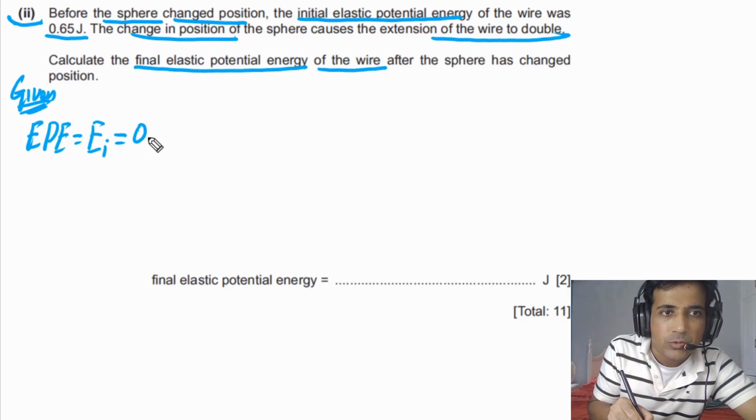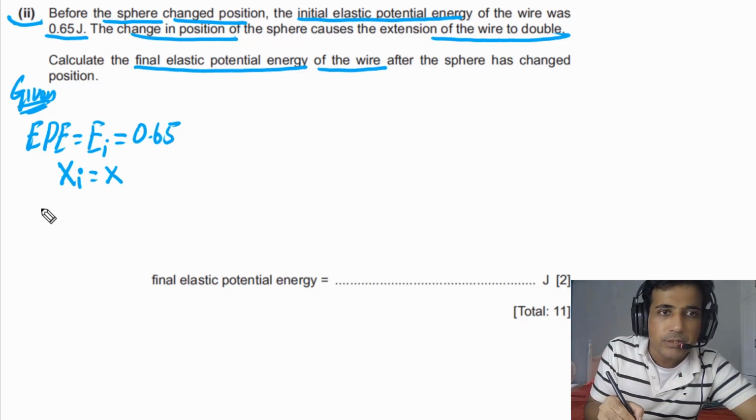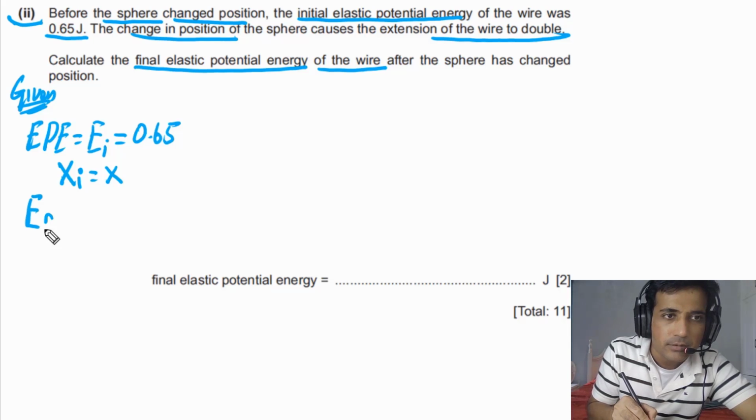This one is equal to 0.65. Initial extension, we can say X_I, that is equal to x. It is also given to us that E final, this is what we need to calculate, but X final, the final extension, is equal to 2 times initial. So we can say this one is equal to 2x.